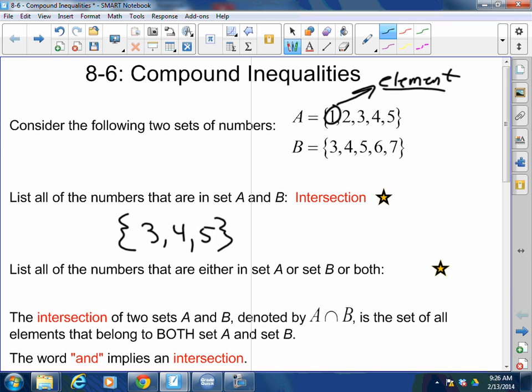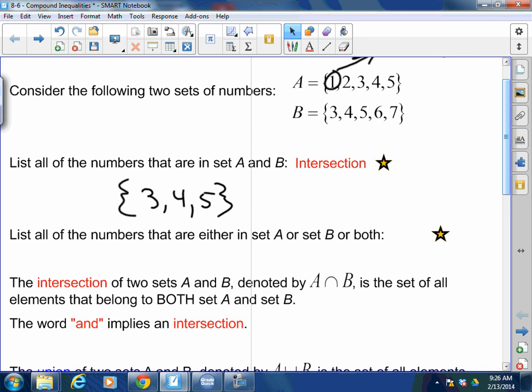Now, that's an intersection. Now, if I take a list of all the numbers that are either in A or B or both, then that set looks like 1, 2, 3, 4, 5, 6, and 7.